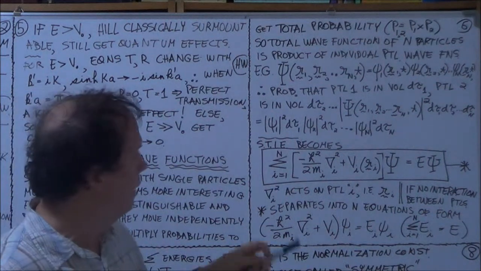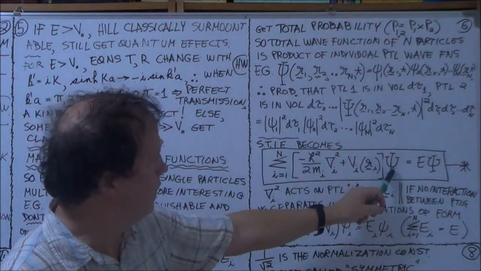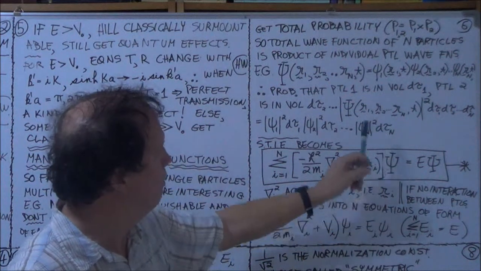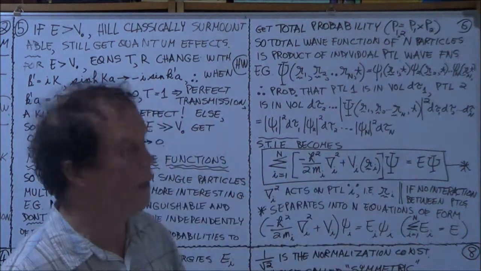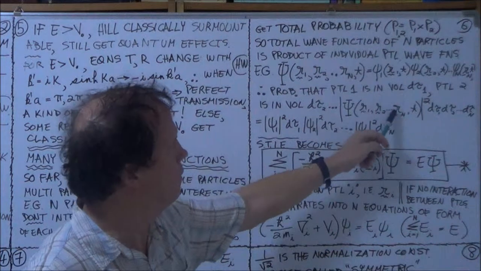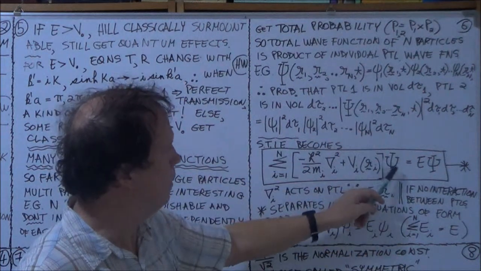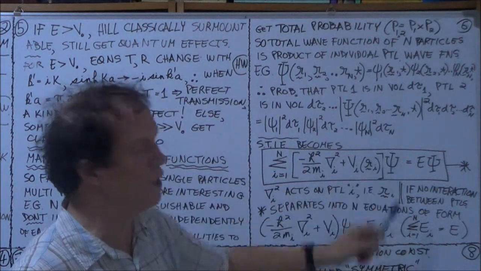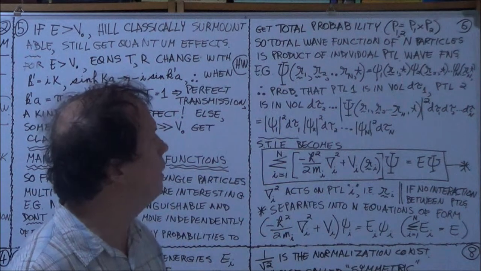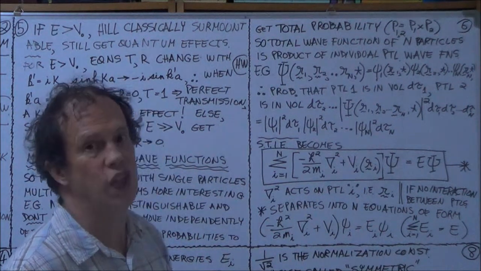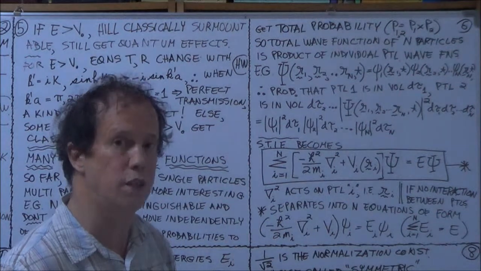Okay. Now you've got capital psi, so this is now a wave function for n particles. You've got 3 dimensions for each of these. So this wave function is acting now in 3 times n dimensions.